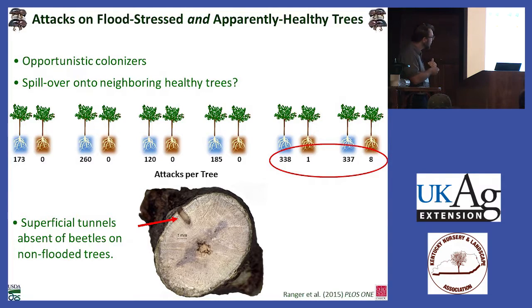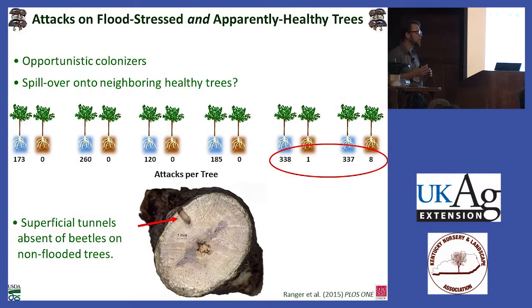This flooded dogwood had 173 attacks. One next to it that was not flooded had 0. This one had 260 attacks on the flooded tree, 0 on the non-flooded tree. This tree had 338 attacks, and the non-flooded tree next to it had 1 attack. And there were also 8 attacks on this non-flooded tree.